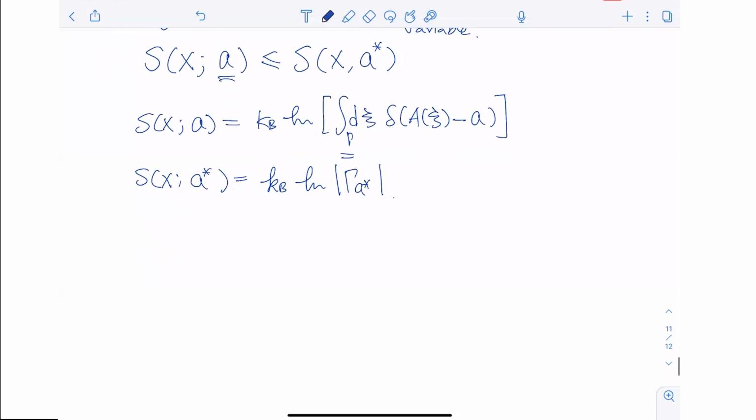One way to do that is to ask, what is the volume if we give the observable A the value little a, compared with the phase space volume where A is at the equilibrium value? Okay, we can try to evaluate this thing.